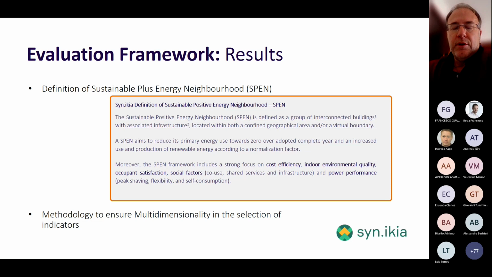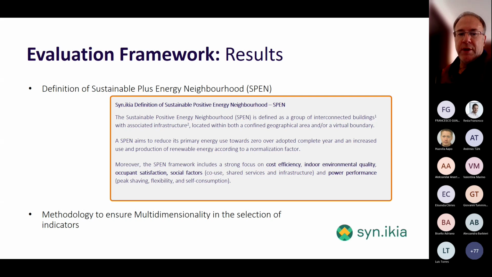At the end of the day, the SPEN aims to reduce its primary energy use towards zero, over a complete year, and to increase the production of renewable energy on the site. That is based on cost efficiency, a good indoor environment quality, and occupant satisfaction, and also taking into account social factors, all these factors that Francesco has also highlighted in the presentation, and also power performance factors.